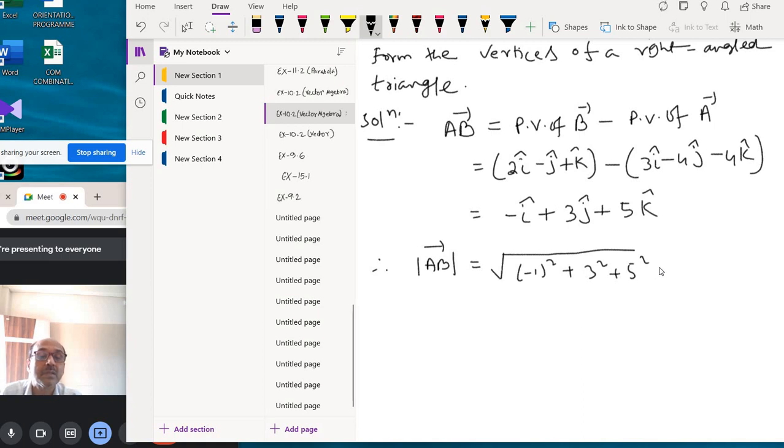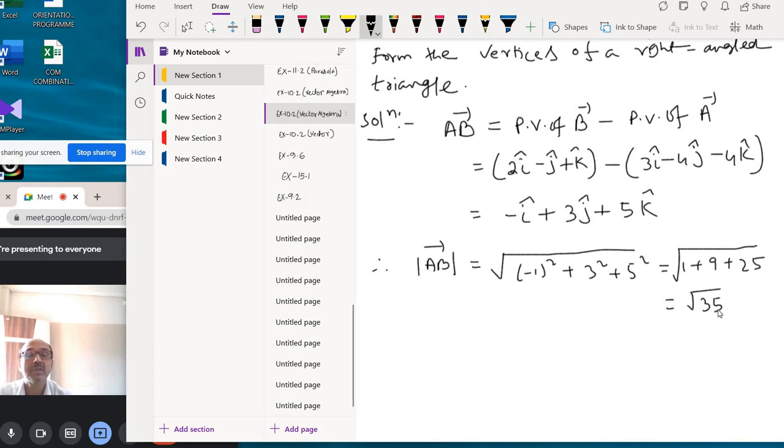Okay, this equal to 1 plus 9 plus 25. This equal to 35 under root. This equal to under root 35.